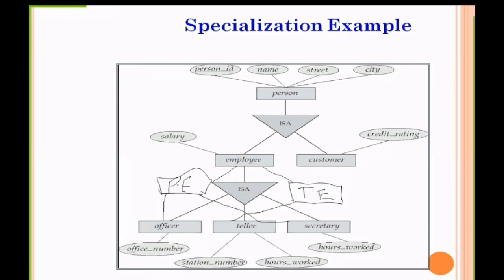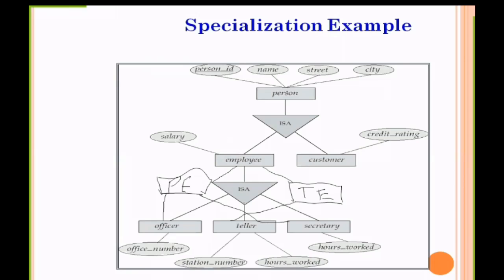So we can change this diagram, which is the relationship between the higher level entity set and the lower level entity set, as per our requirement. This is what specialization and generalization are, and it is also referred to as a relationship between superclass and subclass. So which one is the superclass?